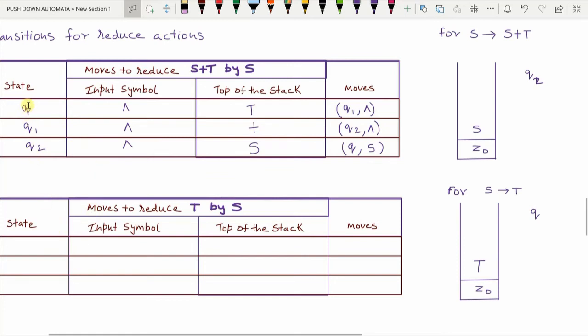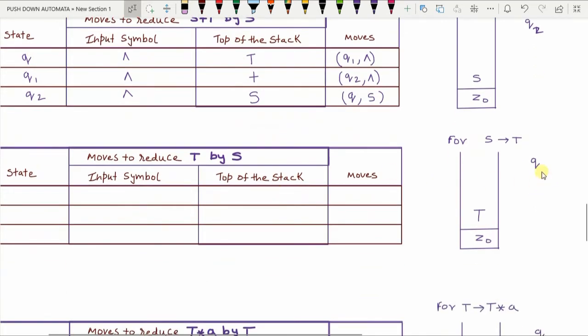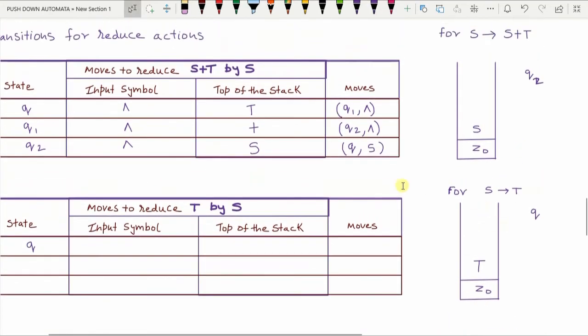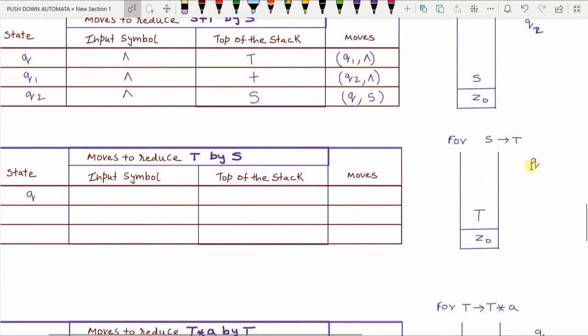So here also it is Q, then here also it should be Q. The starting state should be the same. Start state of this reduce action is the same as the start state of the other reduce action. So Q is the start state, and our aim is to reduce T to S. So currently the stack definitely contains T on top of it.